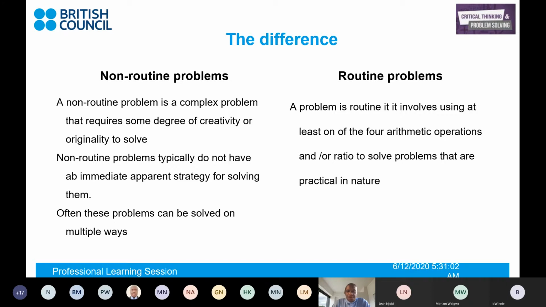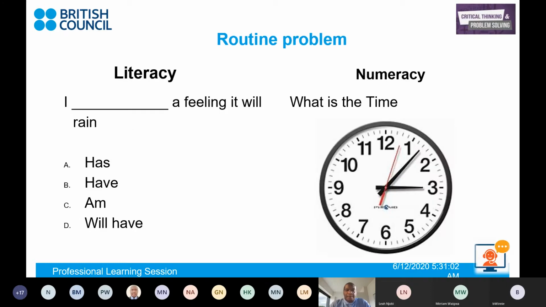So you find that, for example, what is the answer for this question? Can you type it in the chat? Just type the answer in the chat. Let's type our answer in the chat.